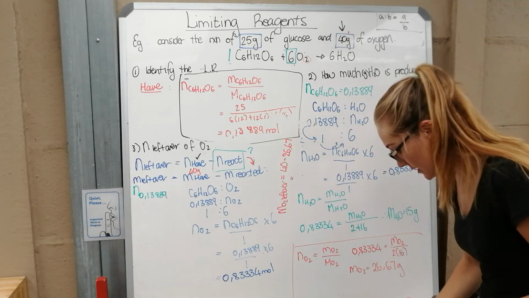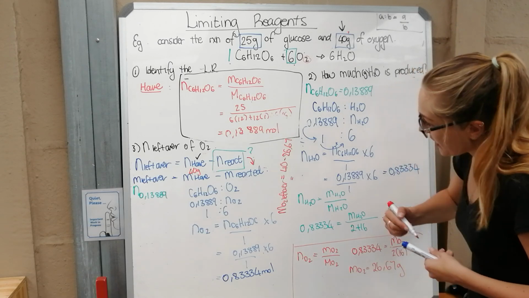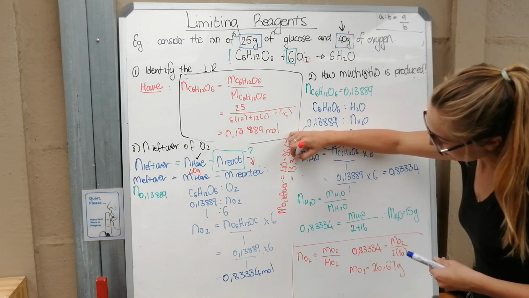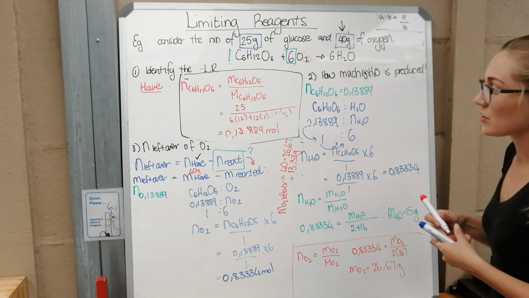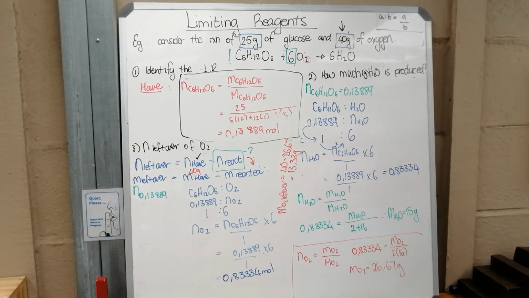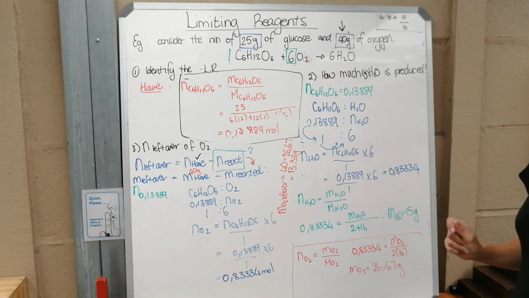So we're going 40 minus 26,67, and we get that we've got 13,33 grams of oxygen left over at the end. Okay, a little bit of a mess on the board. The printout's at least a little bit more organized in terms of its space and its layout.